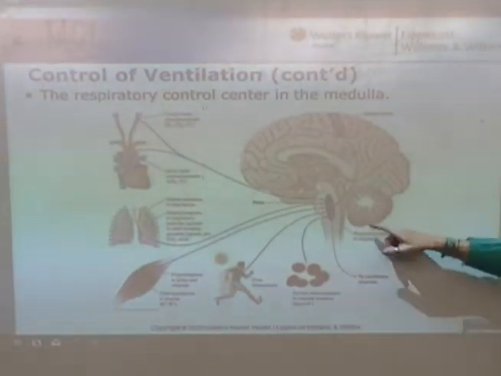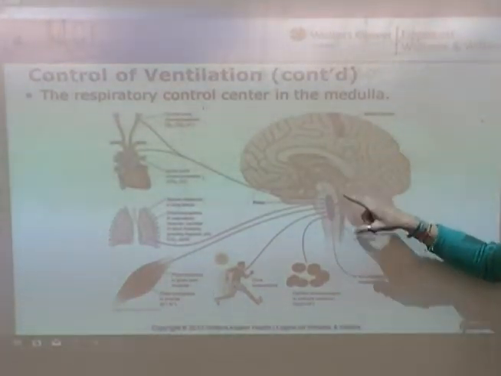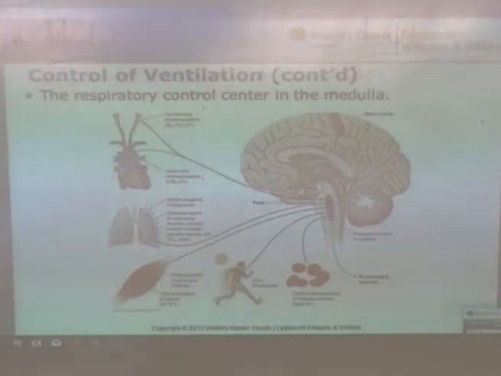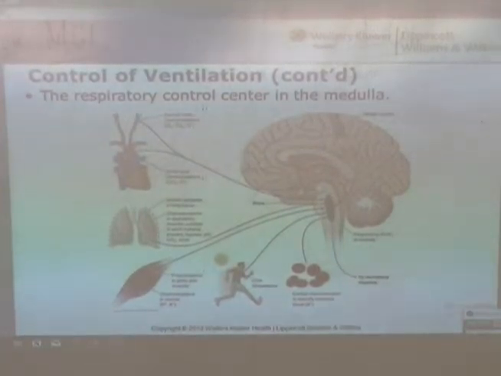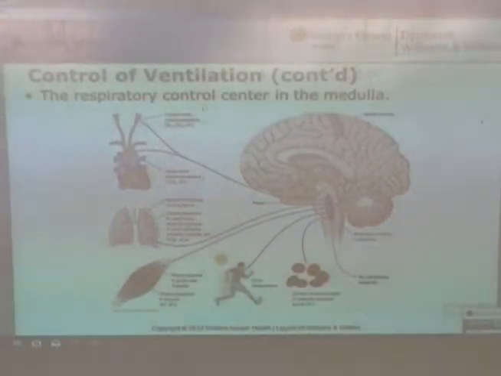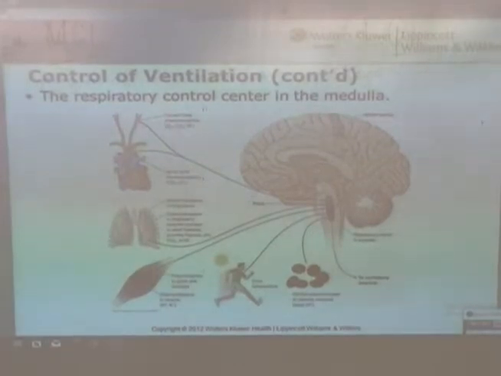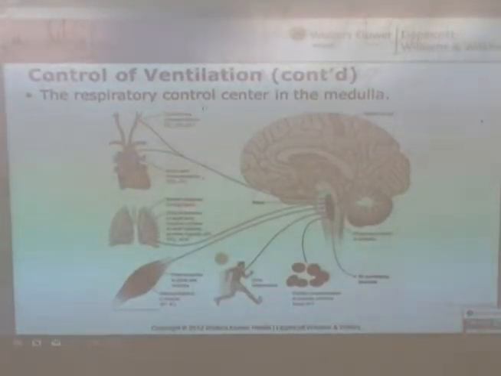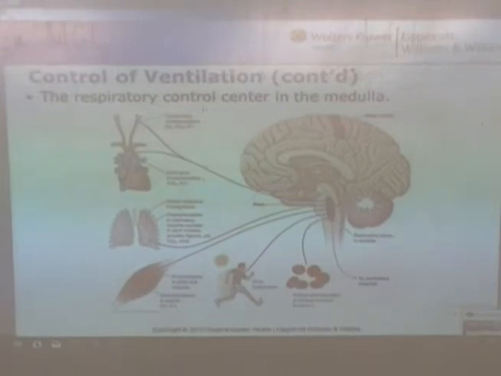breathing comes from a respiratory center in the medulla, all right? So in the medulla oblongata and the pons in the brain. So that area of the brain acts as the pacemaker for your breathing, all right? And then your rate of breathing, your depth of breathing can be controlled by higher centers in the brain.